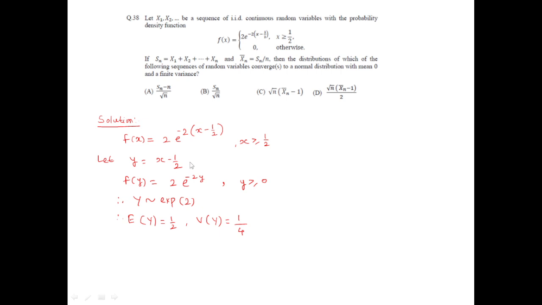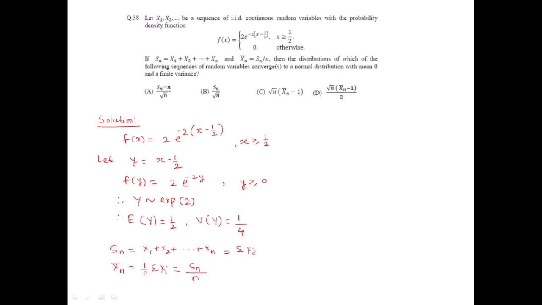If you use this substitution, you will get this PDF, which is the PDF of an exponential distribution. Clearly, Y follows exponential with parameter 2. Therefore the expectation of Y is 1 by 2 and the variance of Y is 1 by 4.